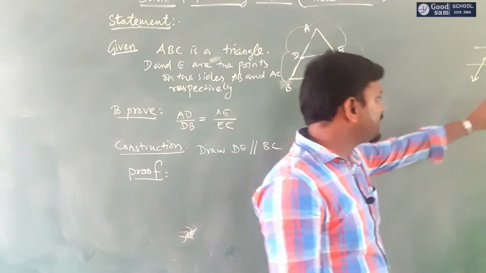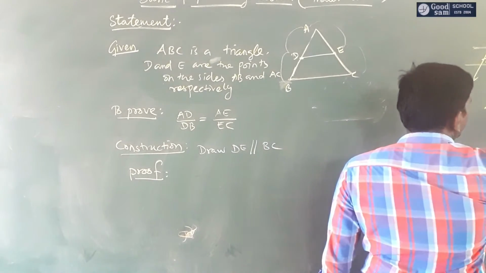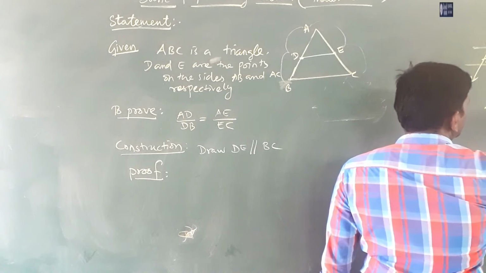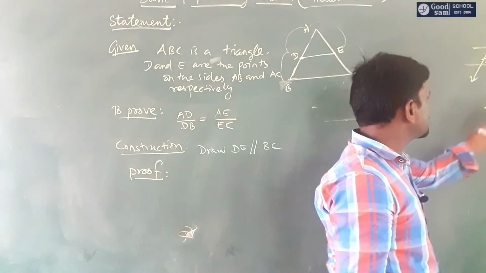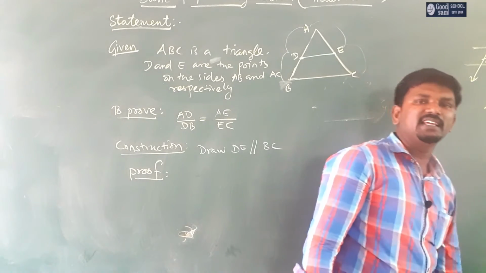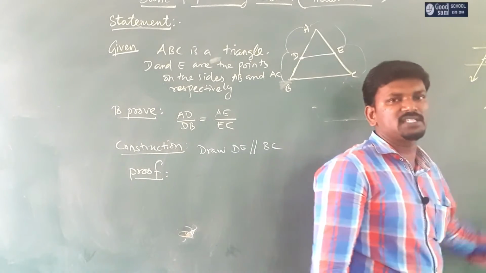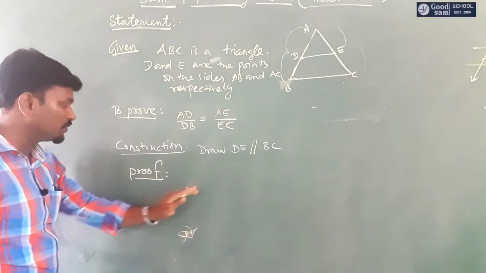And if they are similar, this side will be corresponding to this side, and these corresponding sides will be in the same ratio. The ratio of corresponding sides is the same. If you know these three things, we can prove this theorem. Okay, let us do the proof.